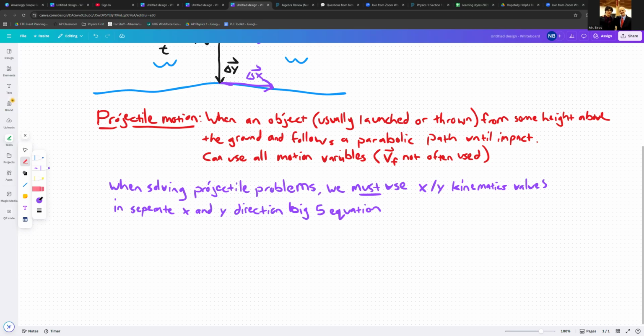And even since then, we want to make sure that when we're doing big five equations, we're not putting a y direction acceleration, a vertical acceleration, into our horizontal big five equation. So it becomes very important to keep them separate. We do not want to say something like the acceleration of gravity in the y direction helps us find the horizontal displacement, because it really doesn't end up affecting that.